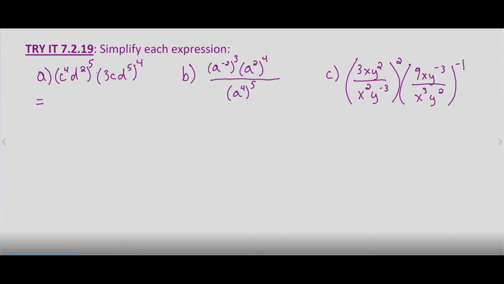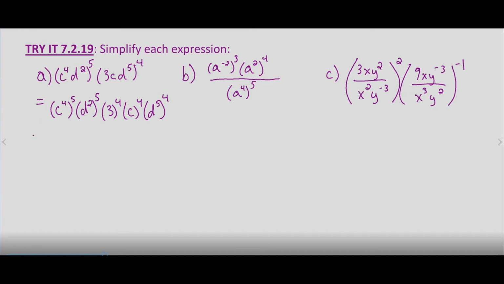So we're looking at c to the 4th to the 5th times d squared to the 5th. Now the second term, we can do the same thing because it's just multiplication inside the parentheses. So 3 to the 4th times c to the 4th times d to the 5th to the 4th.